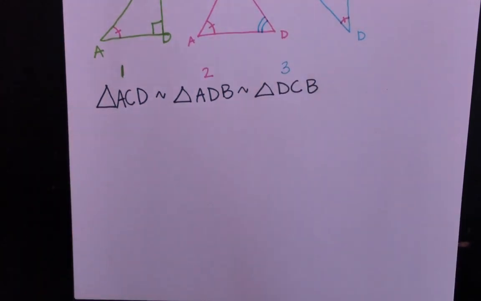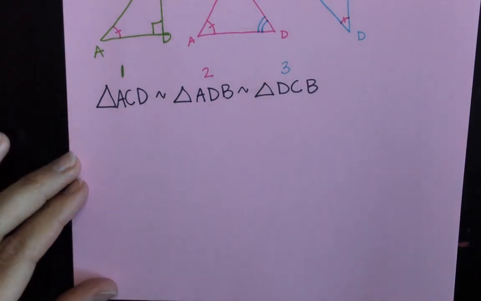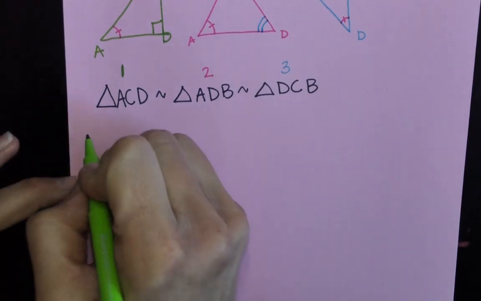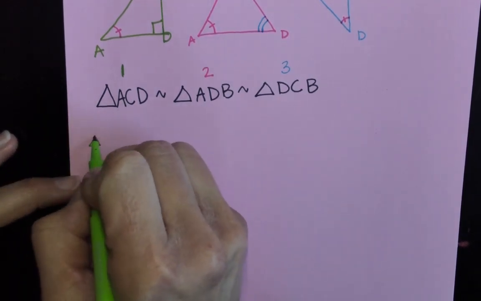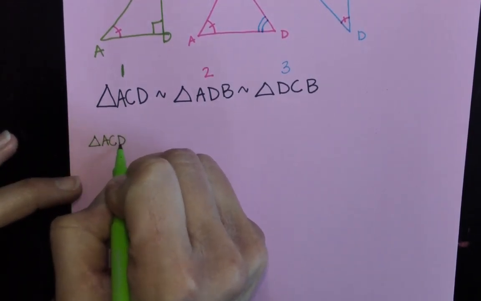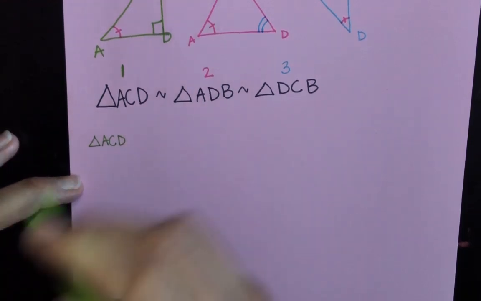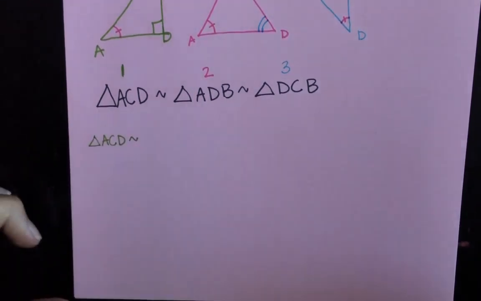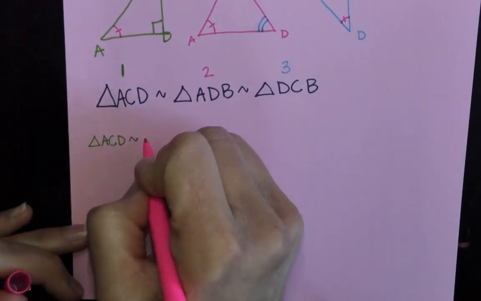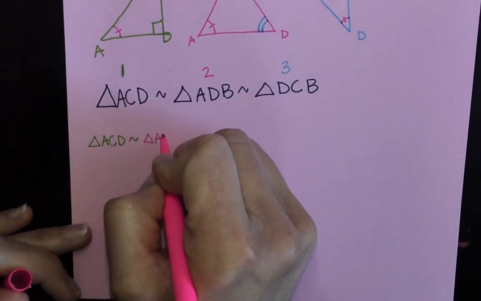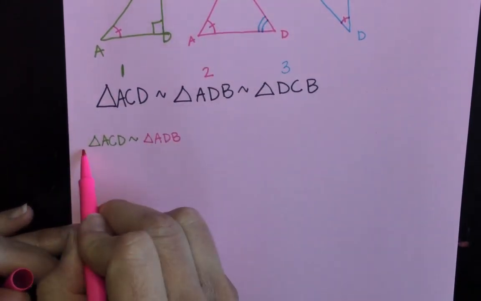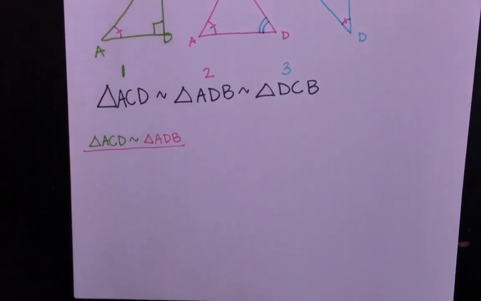I want to create, just so that we can see what's happening here, with similar triangles, with our first triangle, ACD, if we said it was similar to triangle ADB, we were able to write a proportionality statement.